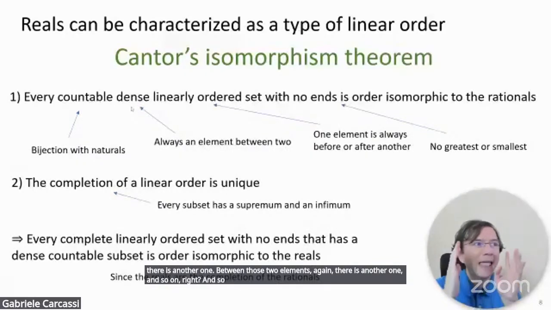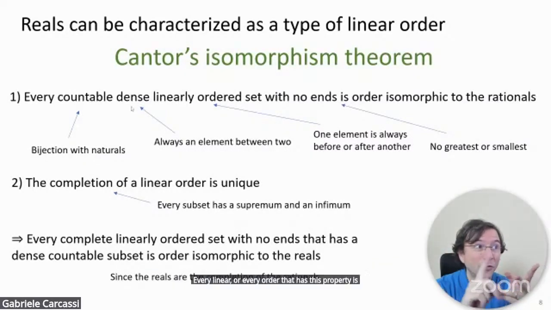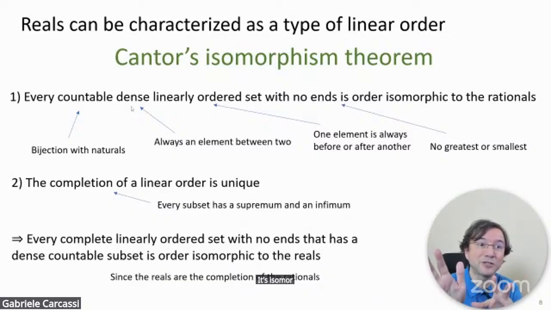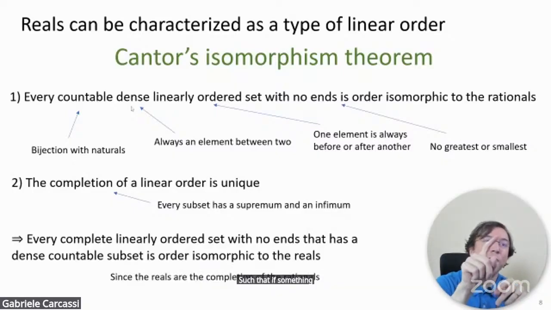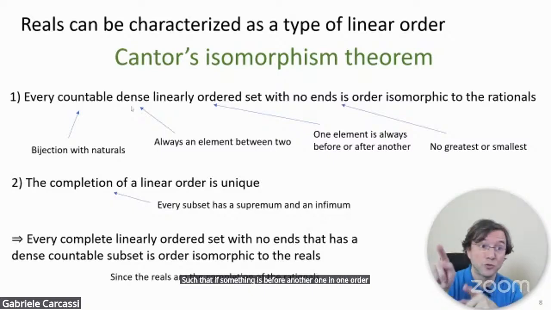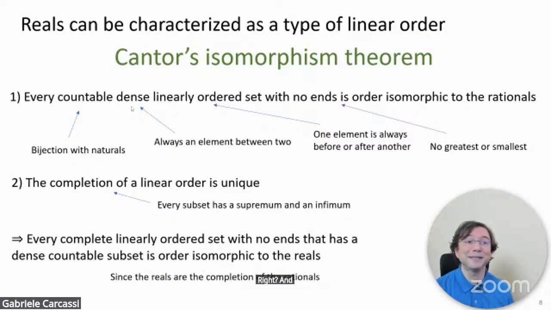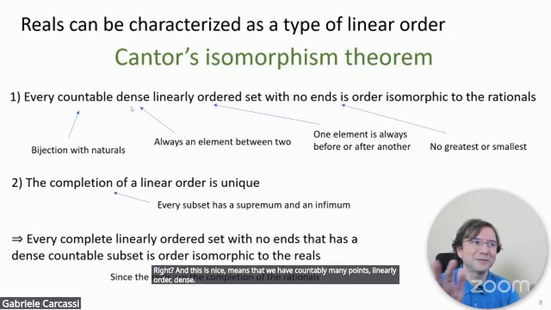And so every order that is linear with no ends, countable, and dense is isomorphic to the rationals, meaning that you can make a bijection with the rationals such that if something is before another one in one order, it is also going to be before the other one in the other order, right? And this is nice. It means that when we have countably many points, linearly ordered and dense, those are the rationals.